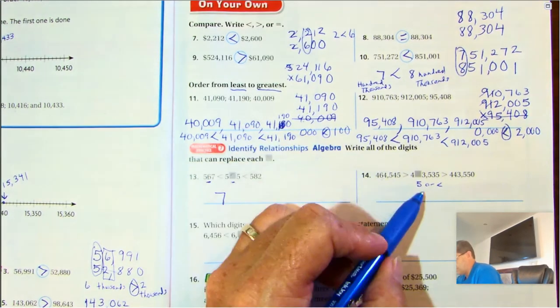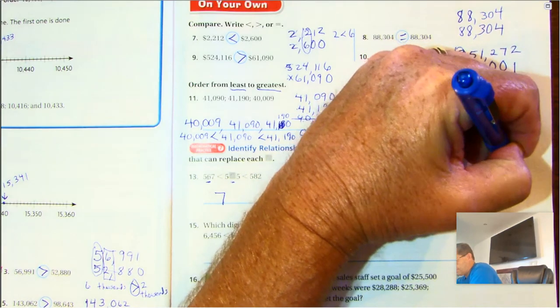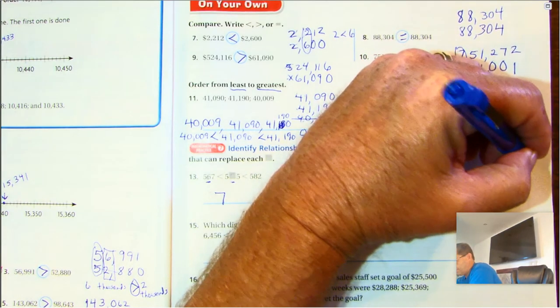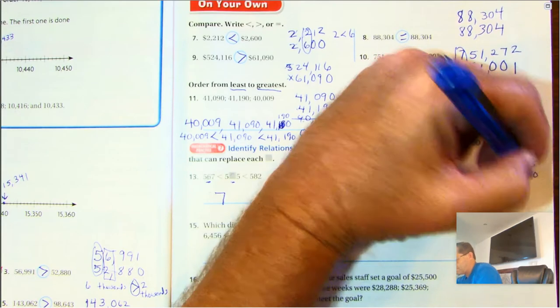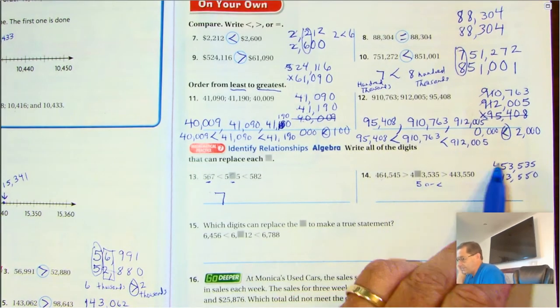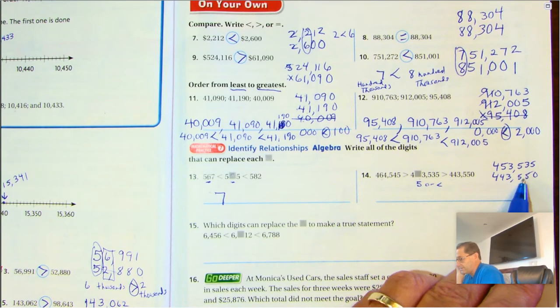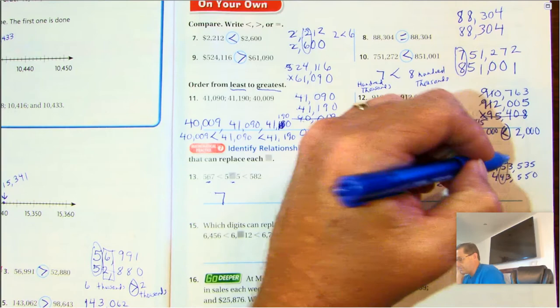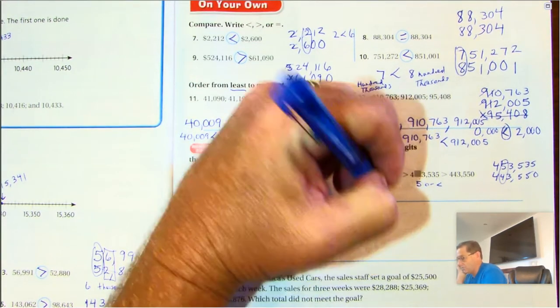Okay, so if we put 5 there, is 453,535 greater than 443,550? And when we look here, we see that 5 is greater than 4, so that does work. So the 5 does work.